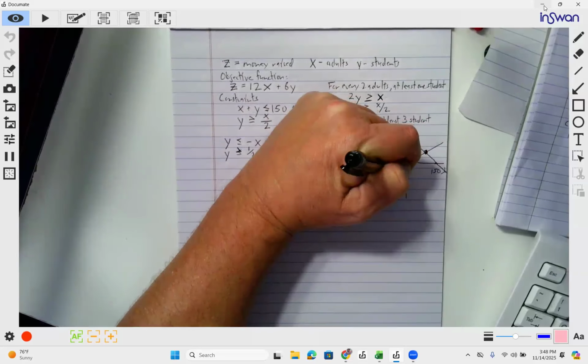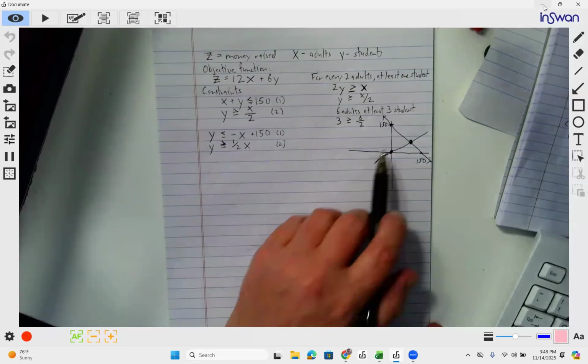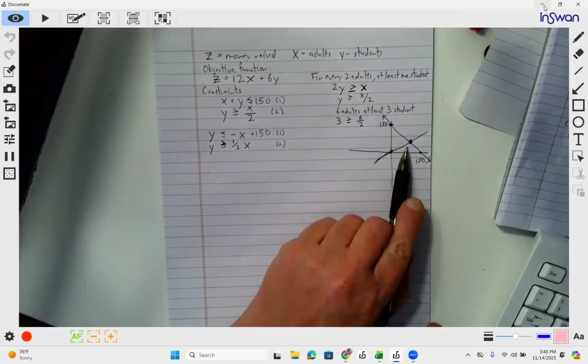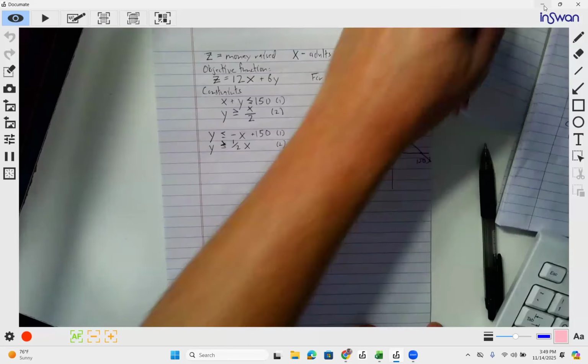All right, so now we have to figure out which of these 4 quadrants we're in. So where am I less than or equal to the first line? It's got to be either here or here, one of these 2 right here. That's below the first line. And then where am I greater than the second line? We're in here.